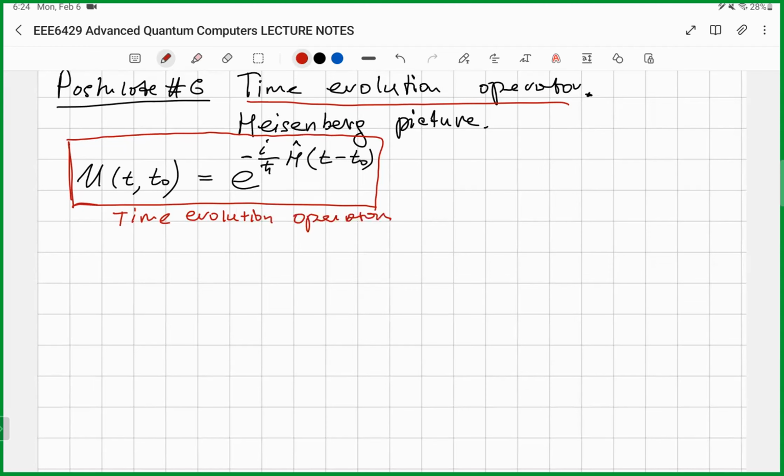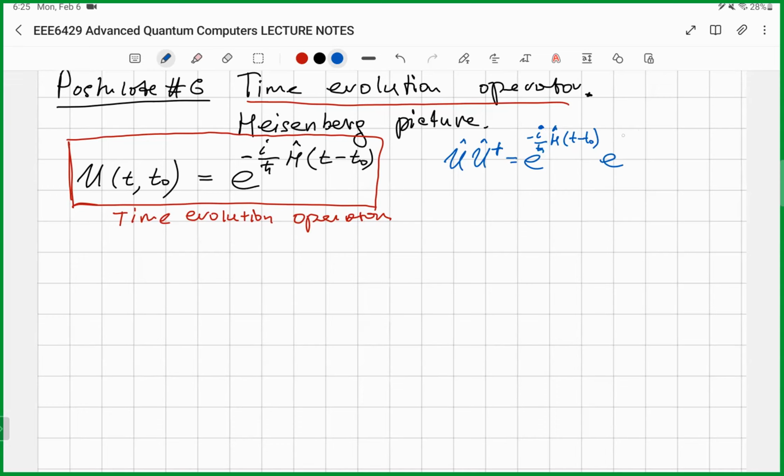So first of all, let's check that this operator is unitary. For that we require that the product of this operator by its Hermitian conjugated operator must be equal to 1, right? So in our case it is e to the power of minus i over h bar Hamiltonian (t minus t sub 0) multiplied by U dagger. Dagger means we take the complex conjugation.